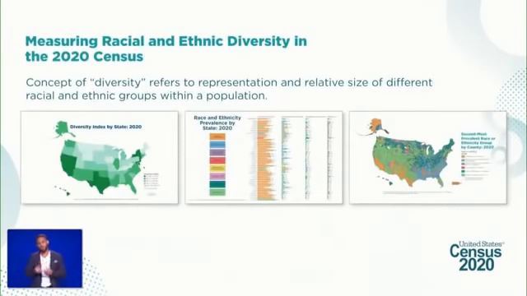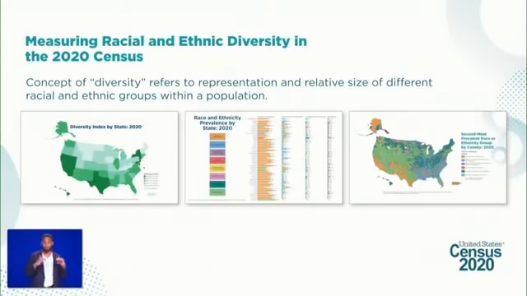Another way to understand the results from the 2020 census is to see how all racial and ethnic groups are distributed across the country to inform our understanding of diversity. Some people have different perceptions of what it means for a population to be diverse. Our definition for diversity refers to the representation and relative size of different racial and ethnic groups within a population.